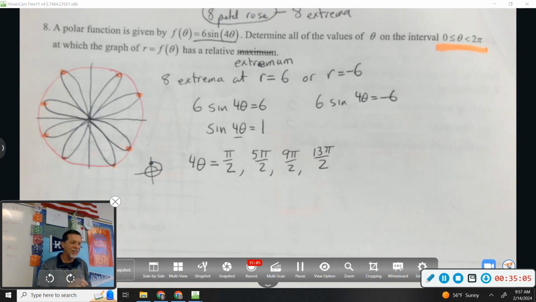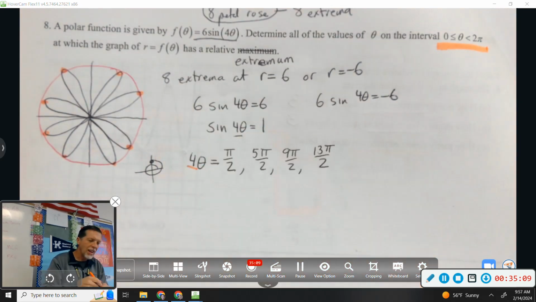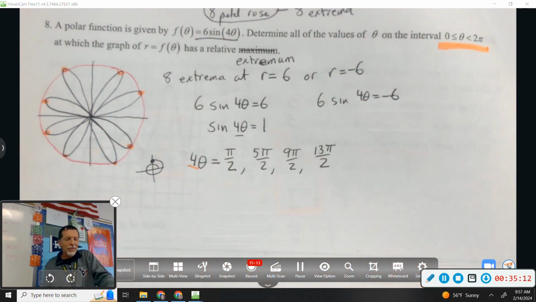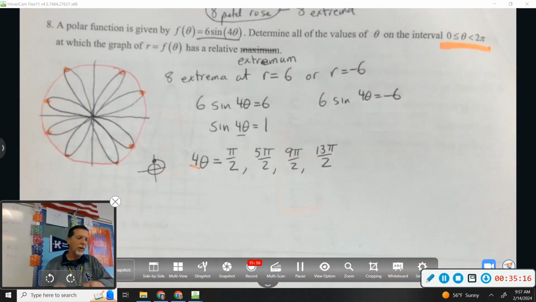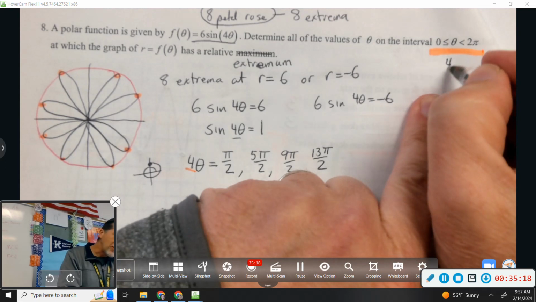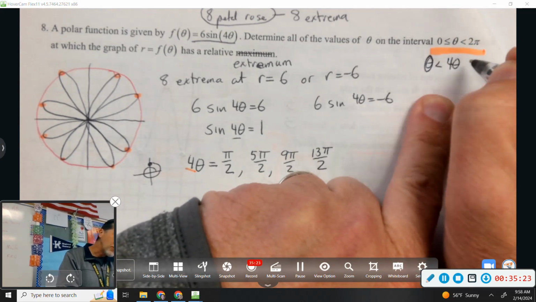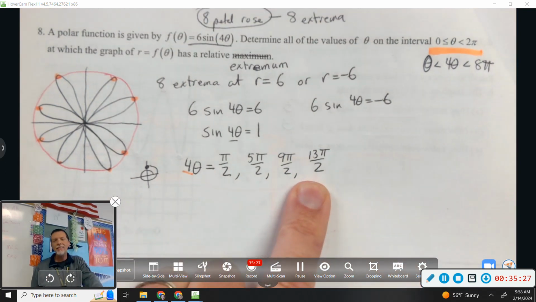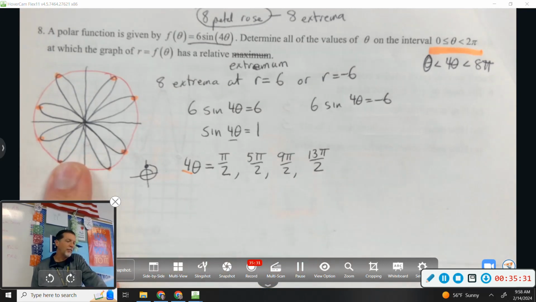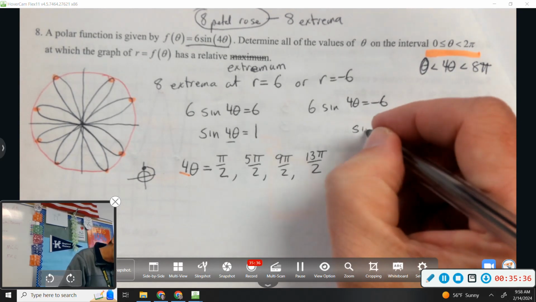One is, if the answer is 4, I know I should have 4 answers, 4 here and 4 there. That's one way to do it. The other way is 4 theta needs to be between 0 and 8 pi, and the next one would be past 8 pi. But probably the easier way is, look at my picture. I should have 4 answers from this side and 4 answers from this side.